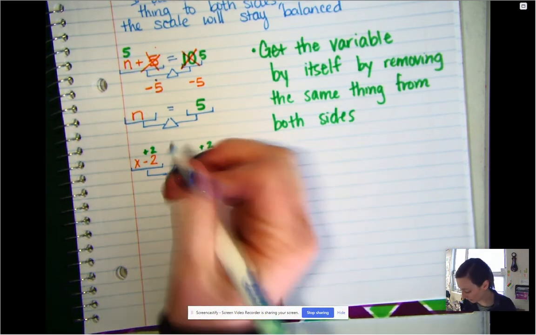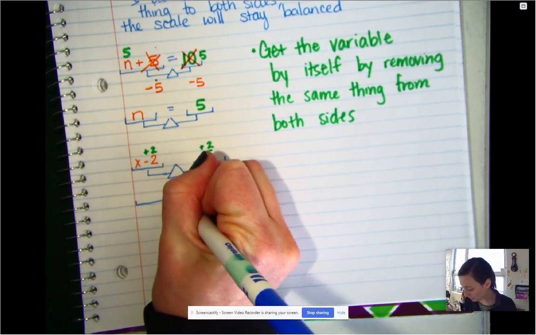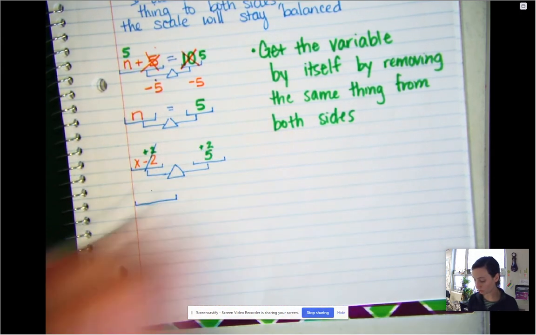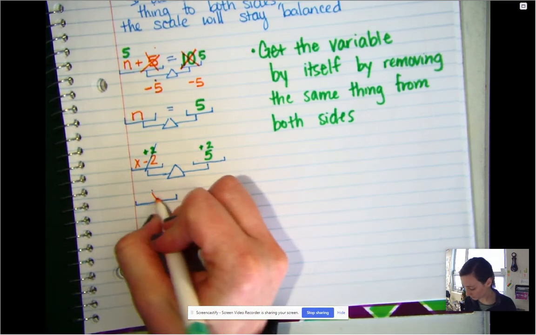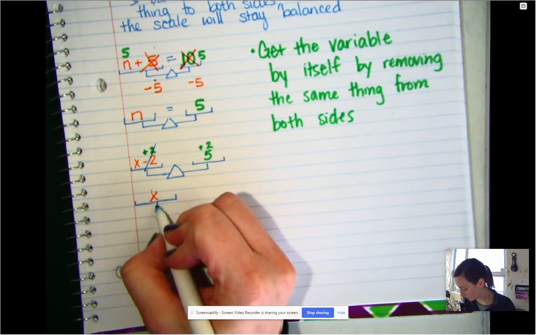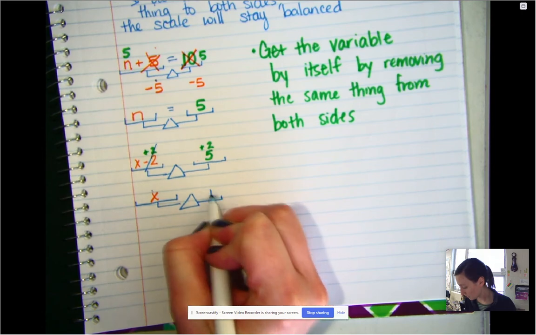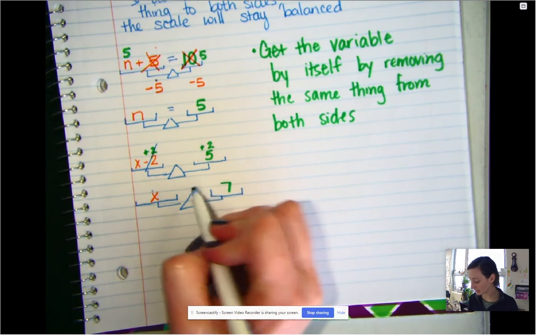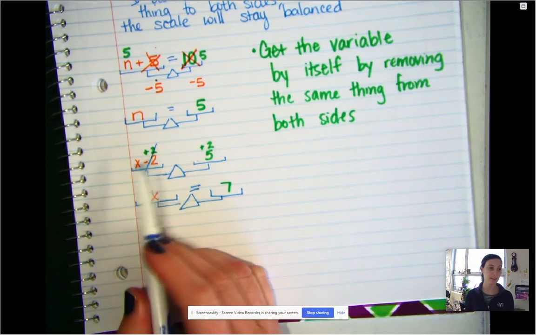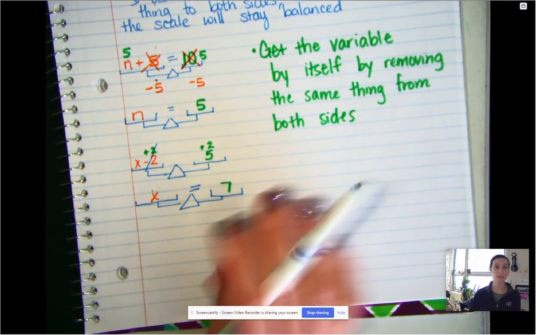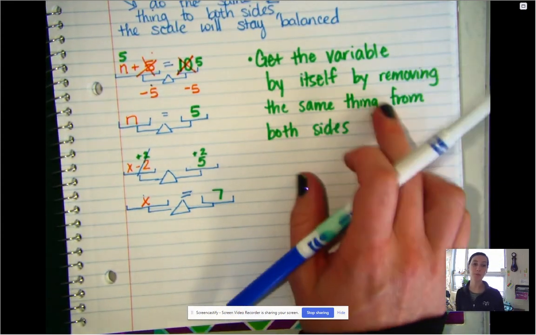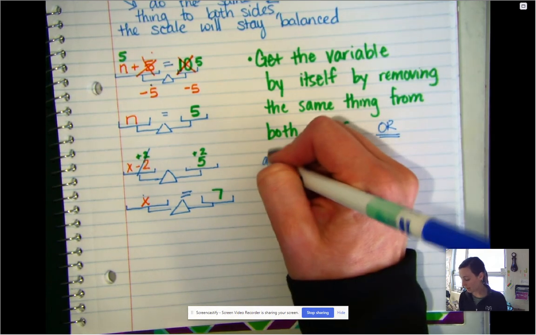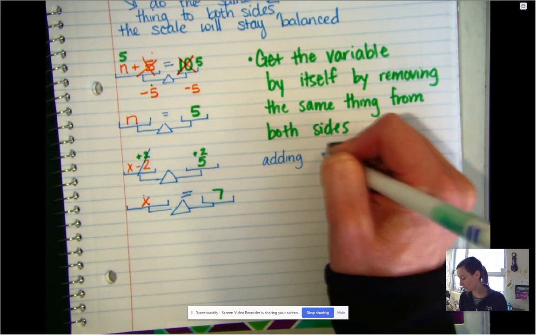And now the plus 2 will cancel out the minus 2, and I'll just have x over here. And when I do 2 plus 5, I'll have 7. So x is the same as 7, which makes sense because if you do 7 minus 2, you get 5. So we can get the variable by itself by removing the same thing from both sides or adding the same amount.